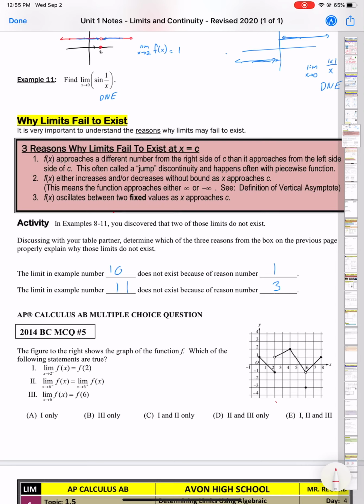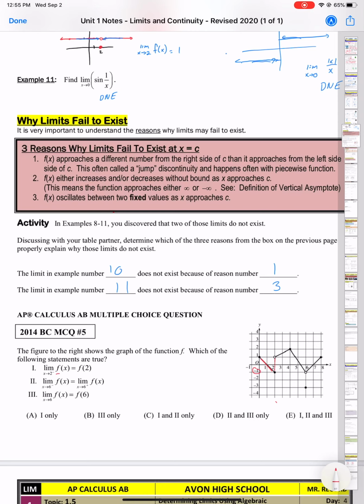So statement 1 says the limit as x approaches 2 from the left of f of x is the same as f of 2. So let me find 2 right here. The limit as x approaches 2 from the left. So I'm looking to the left of 2 at this piece of the function. Well, that limit looks to me like it's -1.